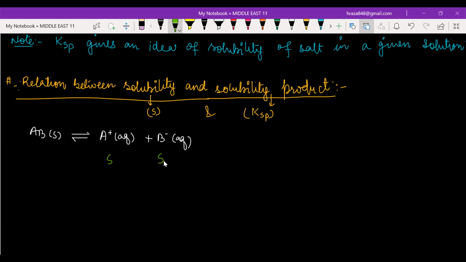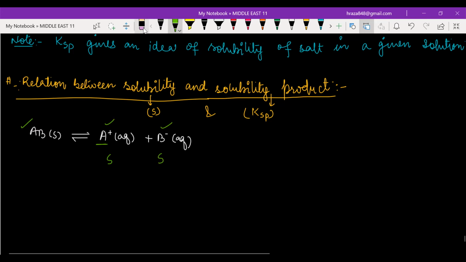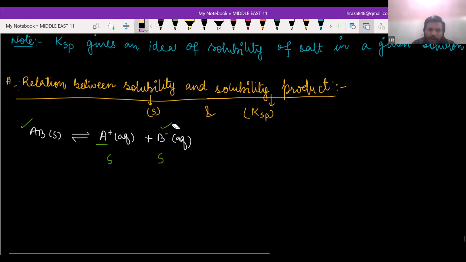Because here the molar stoichiometry is 1 mole gives 1 mole and 1 mole. So if the solubility of A+ is S, then B- will also be S.